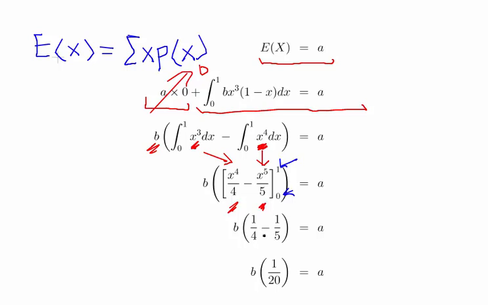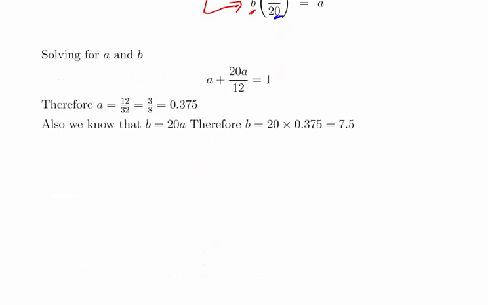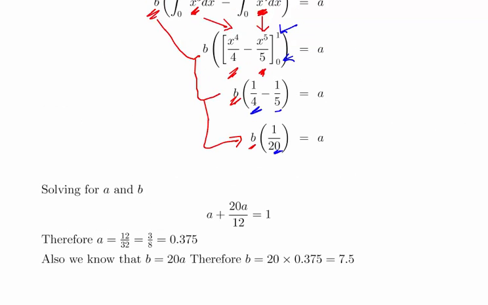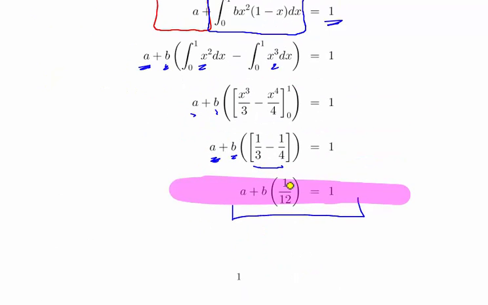Just like the last time, we end up with 1/4 minus 1/5, which is 1/20th. And again, we have that multiplied by b. We factorized b out, so don't forget about b. So we have b times 1/20 equals a. So we have two equations and two unknowns: this expression here, and this expression over here.